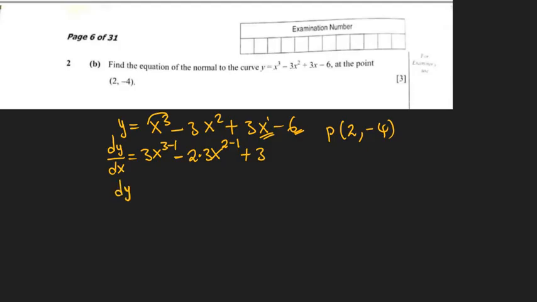So dy over dx is equal to 3x to the power 2 minus 6x plus 3. So now this is going to be your gradient 1, and then you are going to put it inside. You are going to get your x value, which is this one.